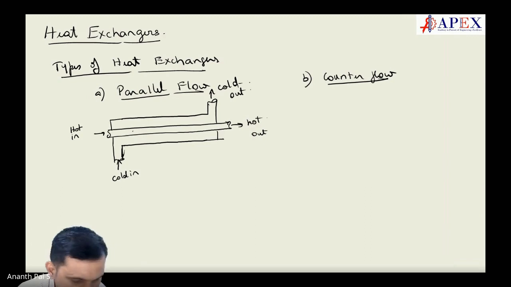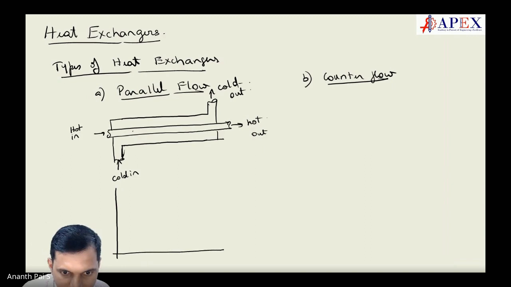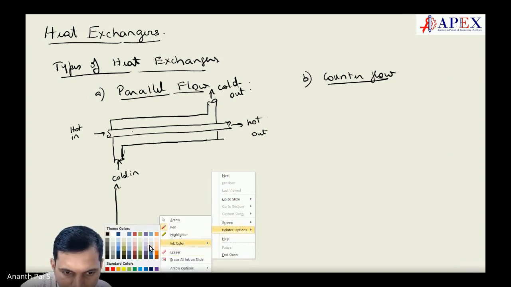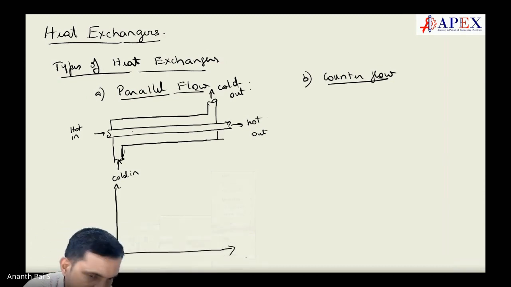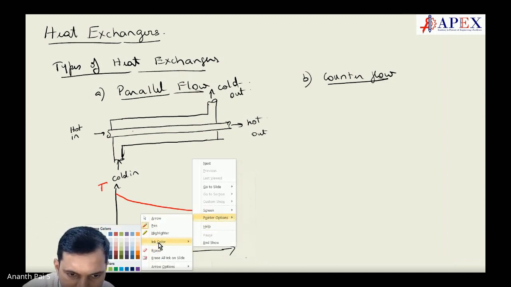Now what happens here is, if you plot the temperature against the length of flow, the direction of flow, the hot fluid will cool down and the cold fluid will heat up, is it not?